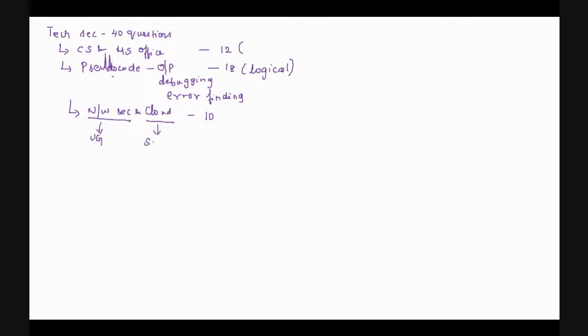You have to majorly concentrate on the services provided, like PaaS, SaaS, and infrastructure as a service. So you have to be very clear with what all these kinds of services are going to be providing. Okay, so that is what your tech MCQs are going to comprise of. Next, if you see, you have your coding questions.